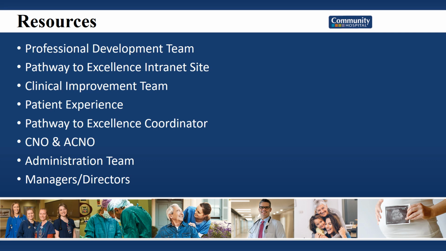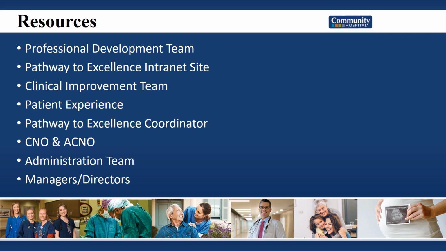There is also a Pathway to Excellence intranet site. So if you go to the homepage, and then on the left-hand main menu, it's in alphabetical order. Click on that, and that talks a lot about what our practices were at time of submission, and then also talks about a couple of things that are future state, so things that we want to see come to fruition.